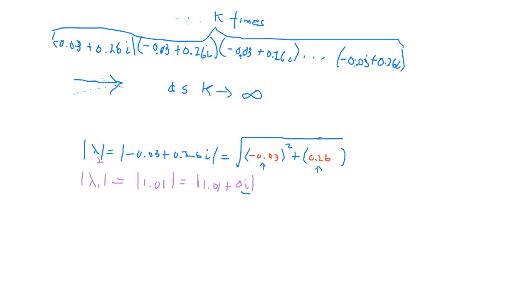A real number is a complex number as well. It's just a complex number where the i component is 0.